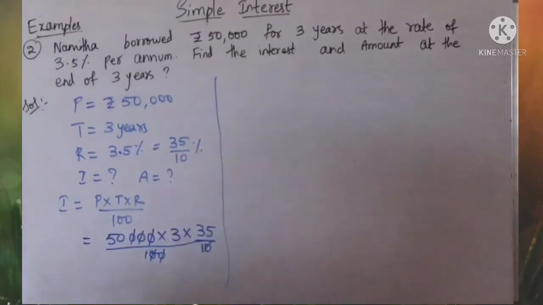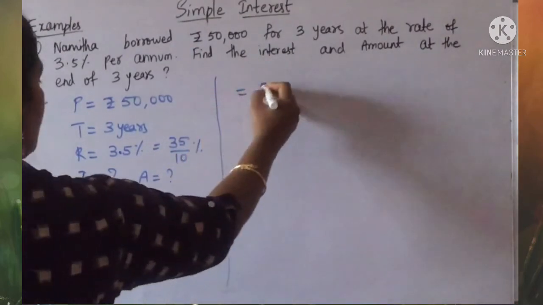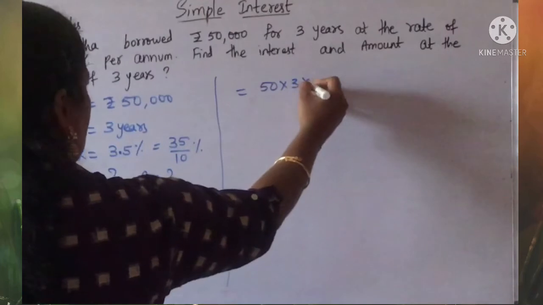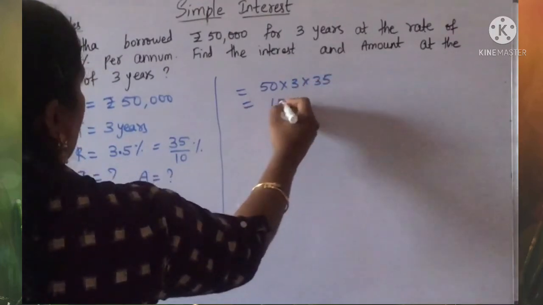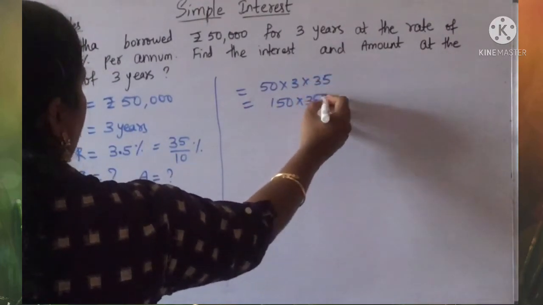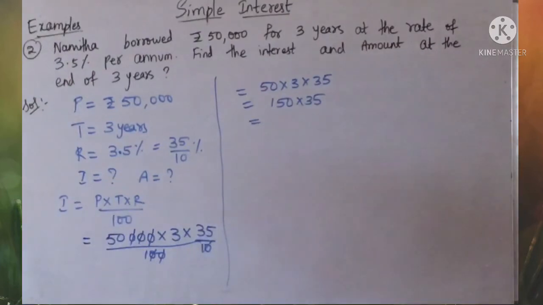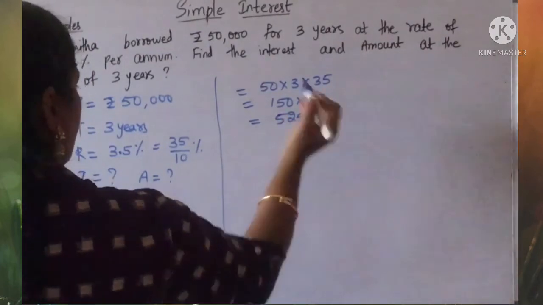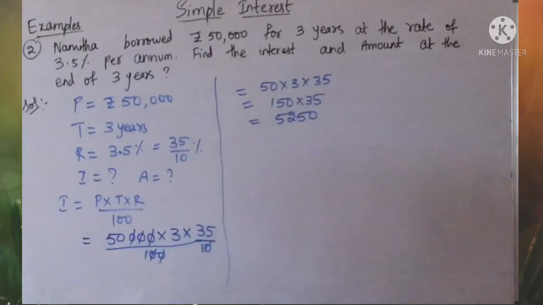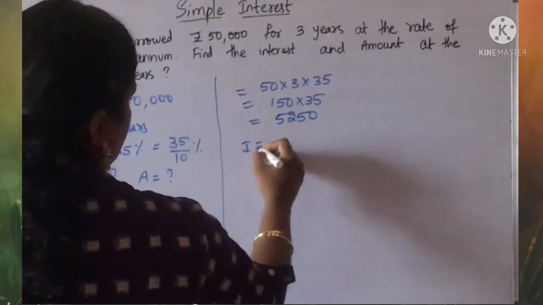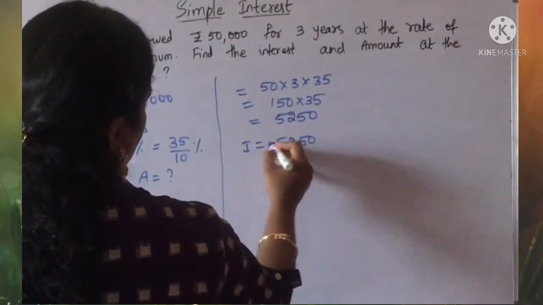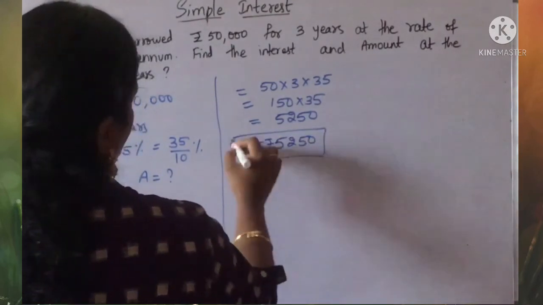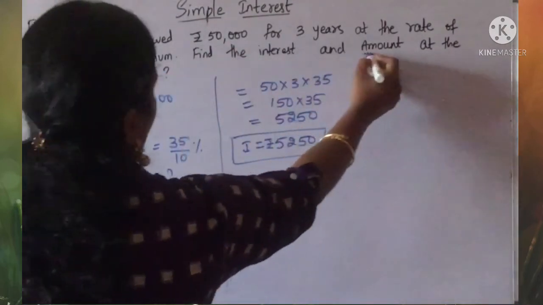So when you multiply 50 into 3 into 35. So 50 into 3 is 150 into 35. So when you multiply 150 into 35, you will get 5,250. So 5,250 is the simple interest. Interest is 5,250. And they are asking you to find the amount also.